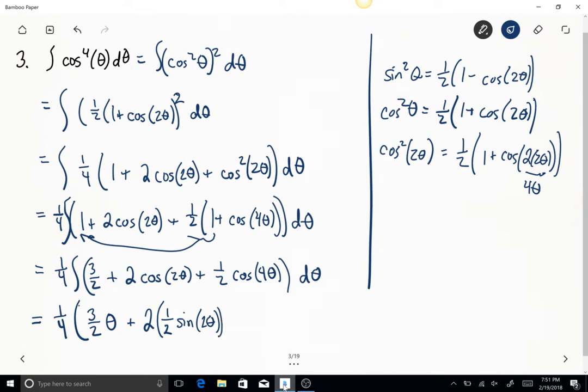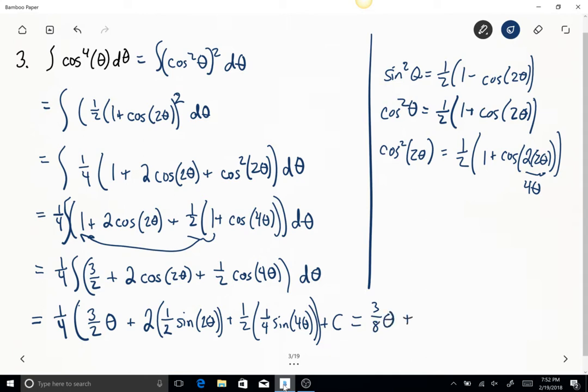So we're good on that part. Plus now 1/2, same rule applies here. We'll have sine of 4 theta, but now we'll need a 1/4 out here. Okay, and then we add this constant c. And let's close that all off. So if you wanted to, not necessary whatsoever, this is totally fine, but we could do 1/4 times 3/2, so what is that? That's going to be 3/8 theta.